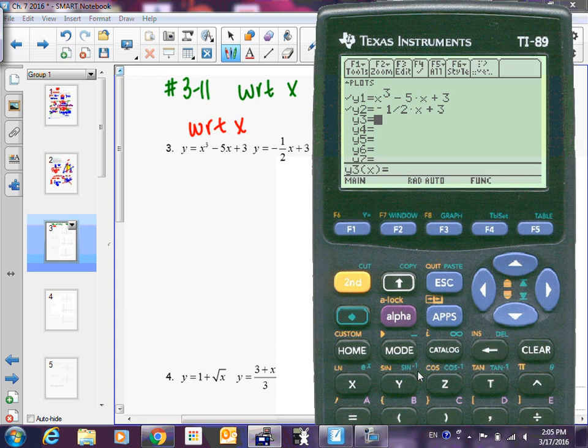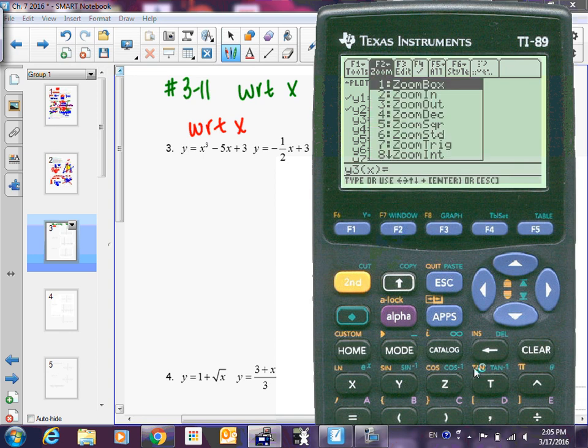However far you've gotten, what I want you to do now is get your calculator out and go ahead and type in y1 and y2. And I know you guys can graph the line by hand, hopefully. And then just do a zoom 6.